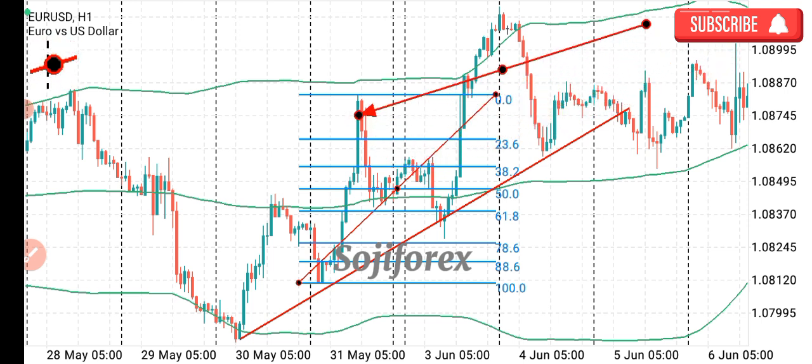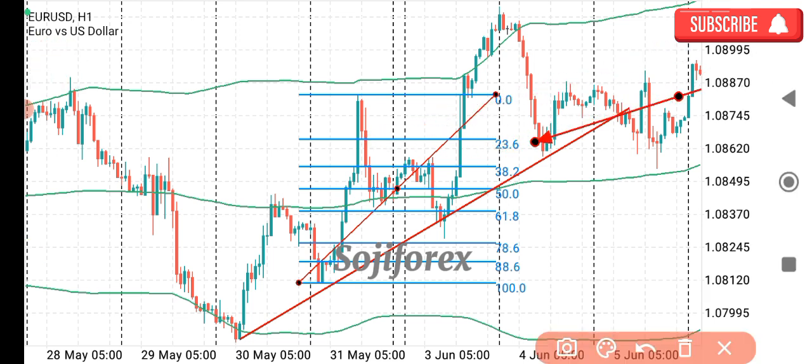And you can see what happened. This one, the price closes below the level, even went as far as closing around the 78.6 level. So we said a retracement has begun once price closes below the 23.6 level.